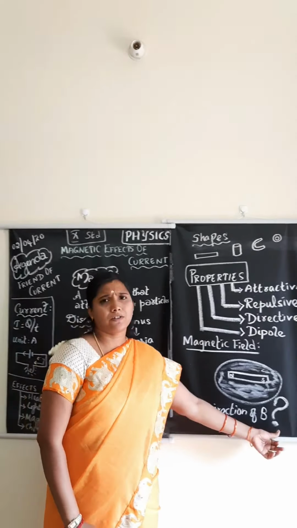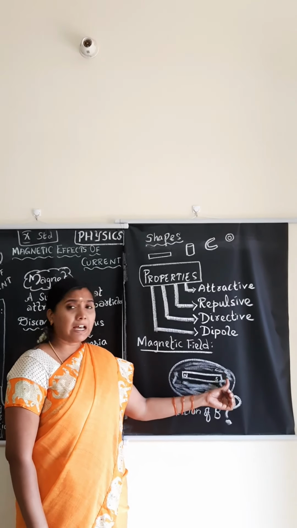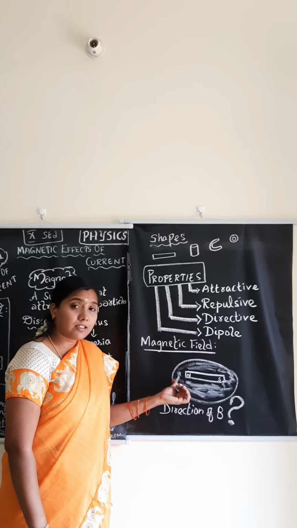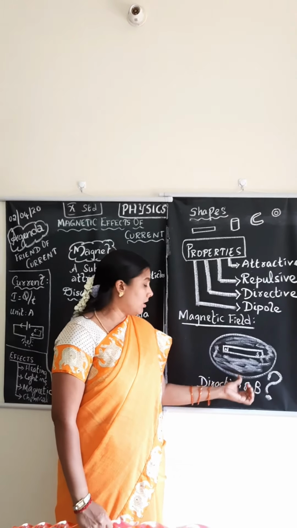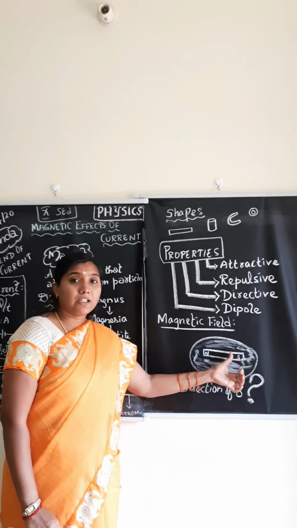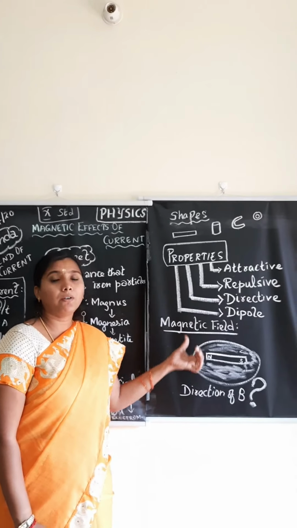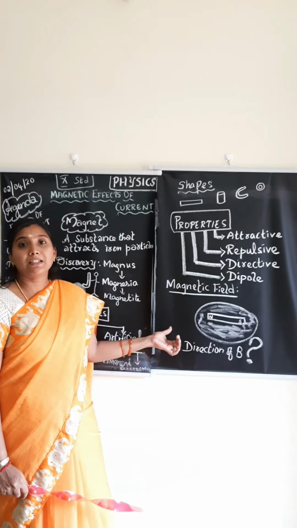Can you guess what's the direction of magnetic field? I said an area. So whether it is from north or it is this side or this is the side, you have to find the answer. So let's ponder about it in the next class. So how are you going to find the direction of magnetic field? Just think about it. We'll see in the next class.